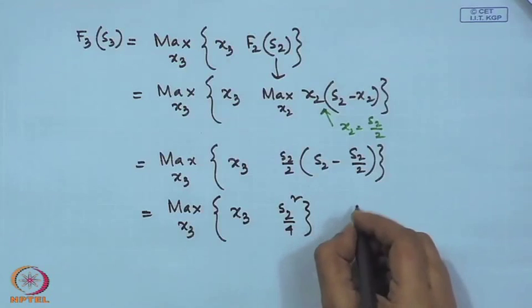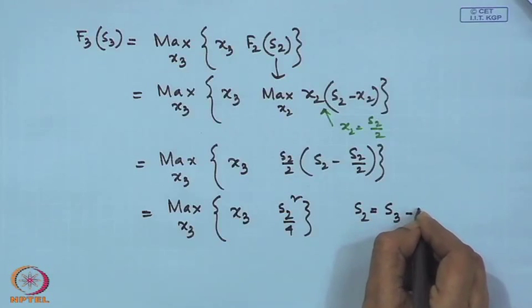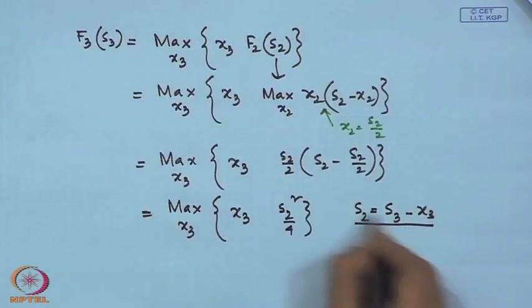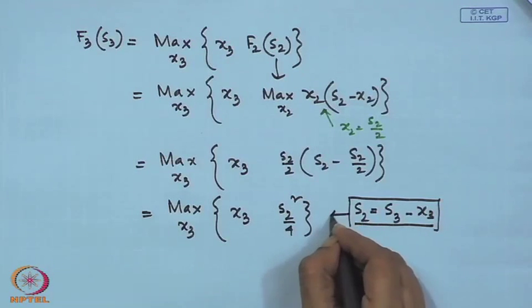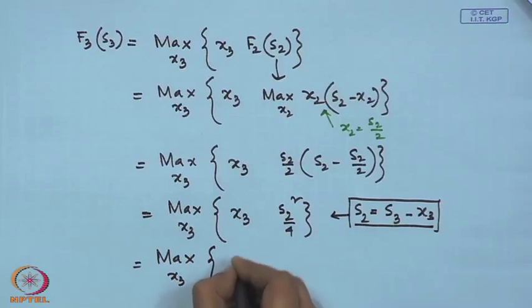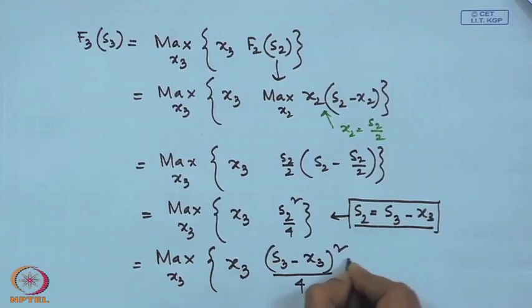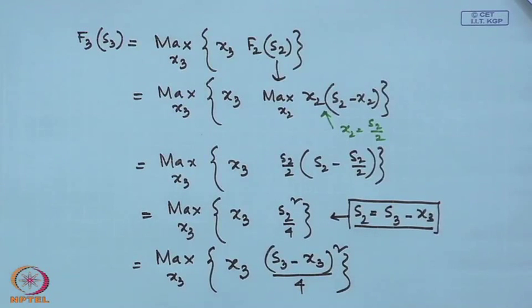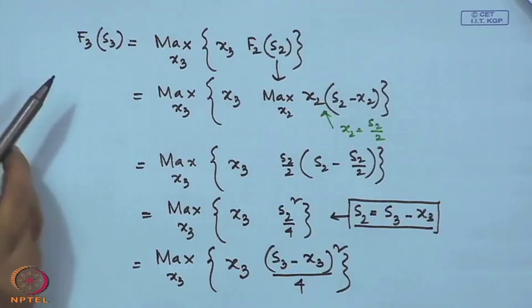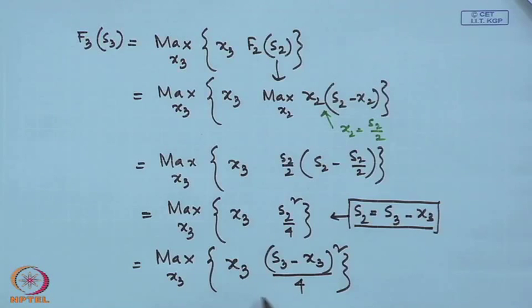And just now we got the relation that s2 is equal to s3 minus x3. We will substitute this fact here. Then we will get maximization. What you could see here is that the optimization problem in stage 3 is converting to an optimization problem of the single variable x3 only.